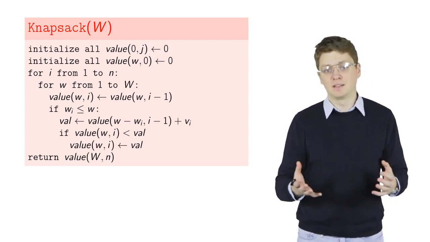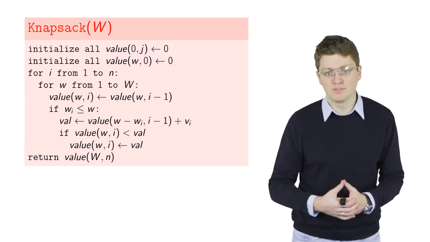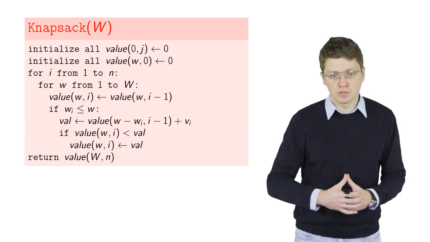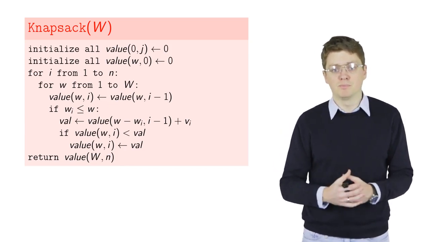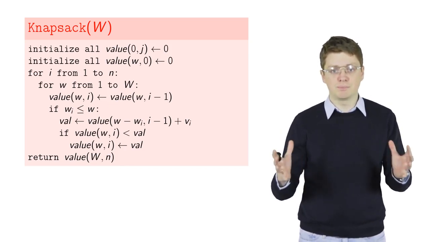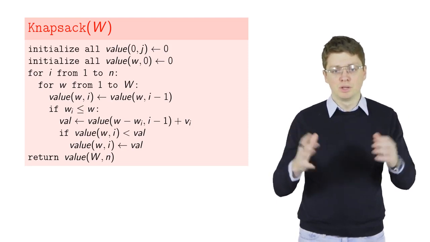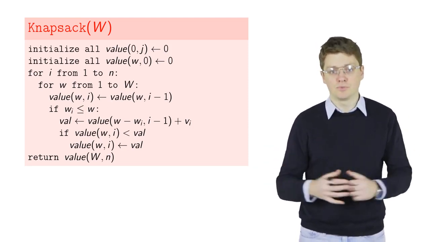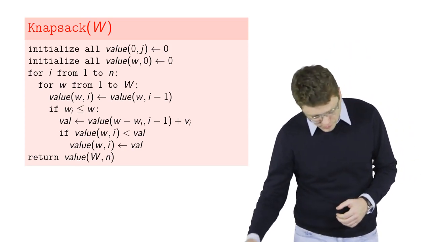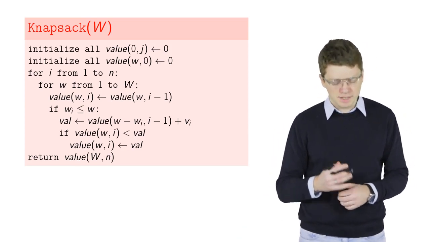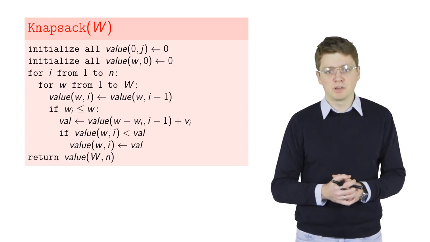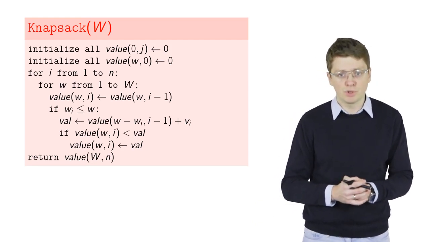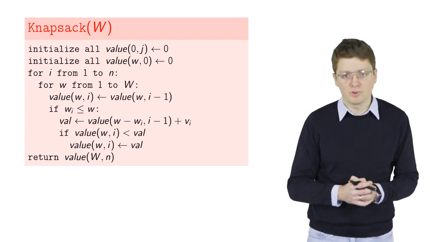So in the end, we just return the value of W and n, because this is the solution to our initial problem. So this is the solution for a knapsack of size capital W that uses all n items, right? Now, it is clear that this algorithm is correct just because it directly implements the recurrent formula that we already discussed.